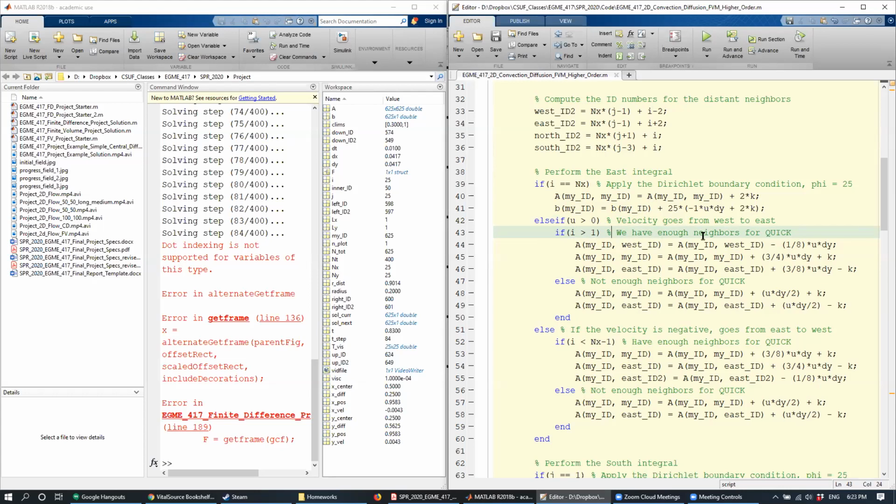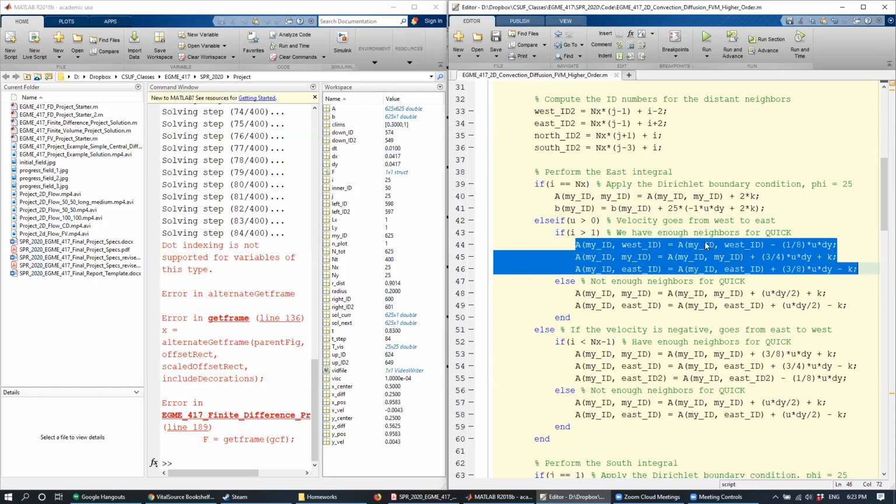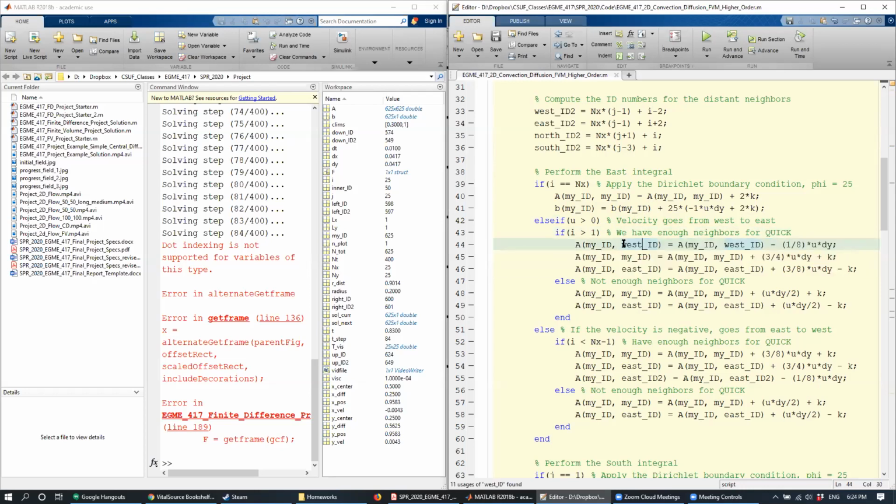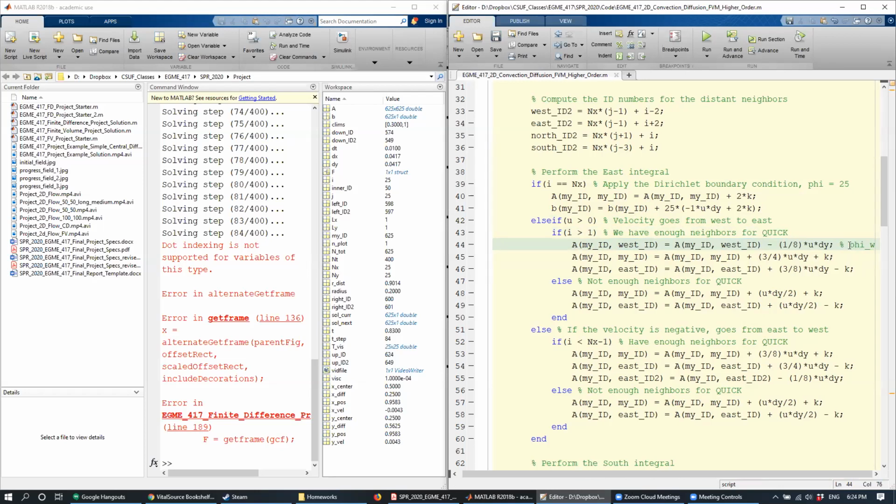If we have our west neighbor, then we implement those coefficients here. You'll notice that there are 3 lines of code. The first one is A at my ID, west ID. This is the coefficient for phi W, and we have minus 1/8 u times dy.